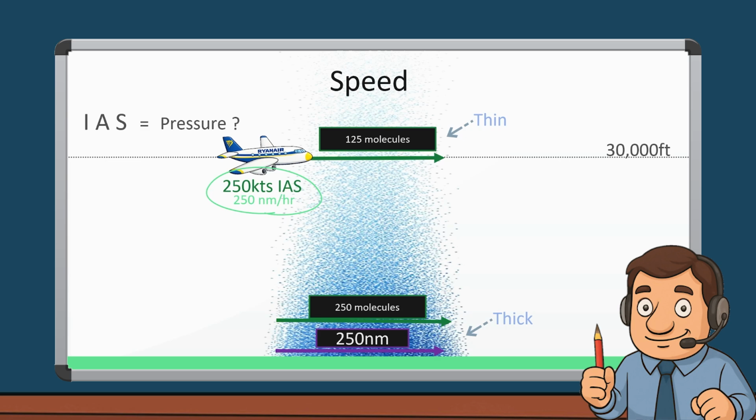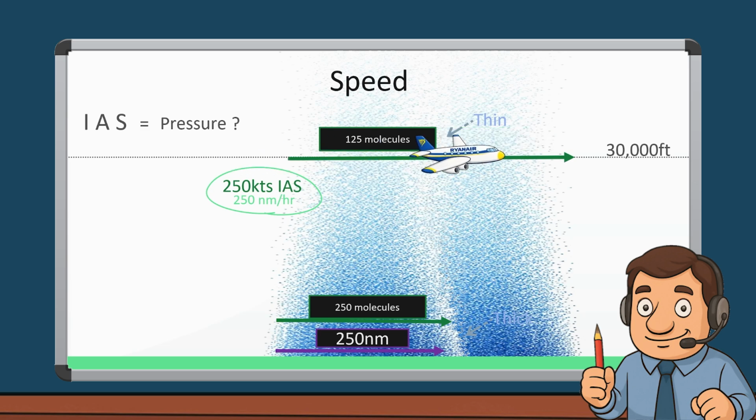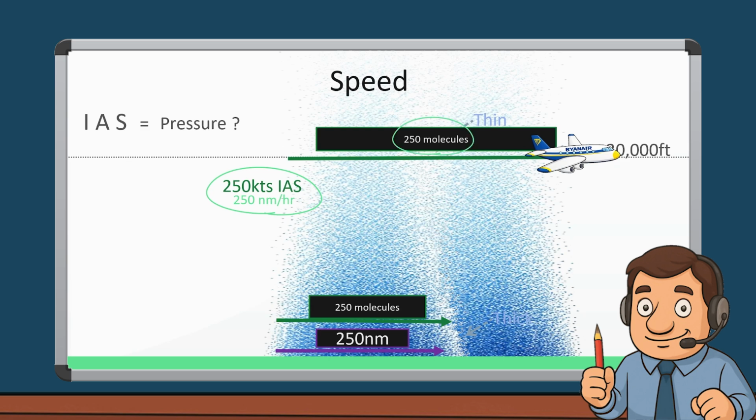Well, no alarm. There is of course another column of air next to it which also has 125 molecules. So now Ryanair just goes through both of them to have 250 molecules traveled, meaning 250 knots indicated airspeed, but you now see that double the distance has actually been covered in this hour. So his true airspeed is really 500 nautical miles per hour, or 500 knots true airspeed.